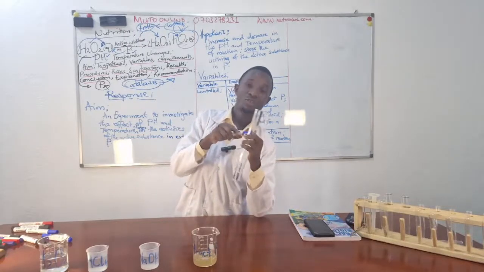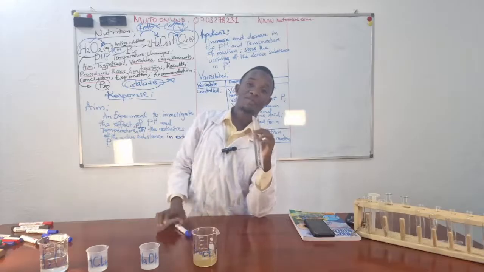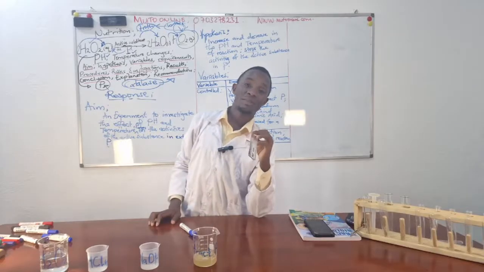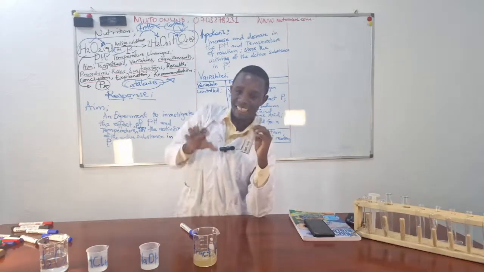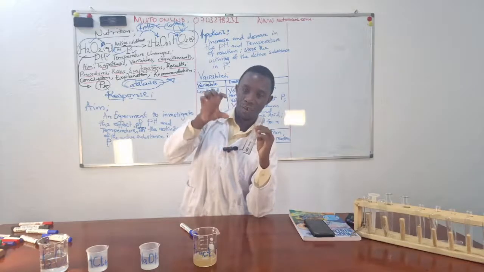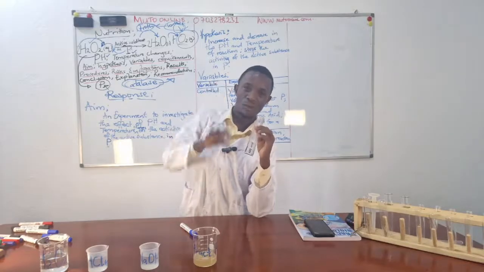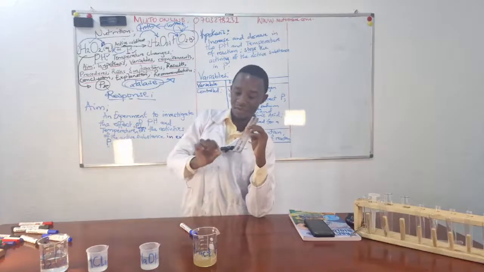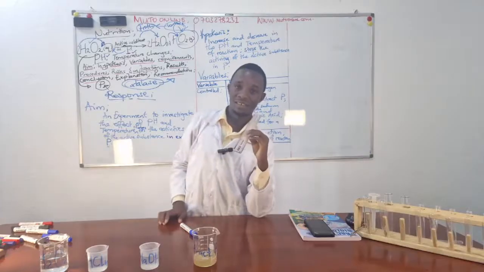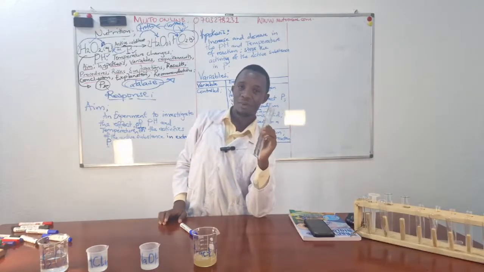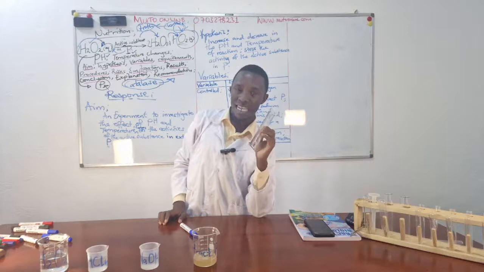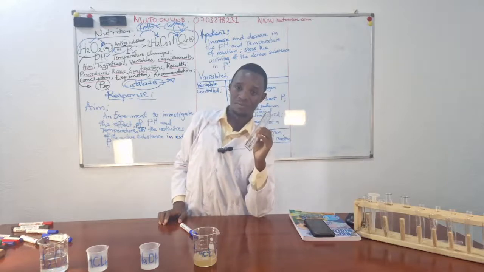I don't want to use many bubbles, few bubbles, moderate bubbles. I want to give the extent to which the bubbles are formed by giving measurements. So my dependent variable is going to be the length of the froth formed.